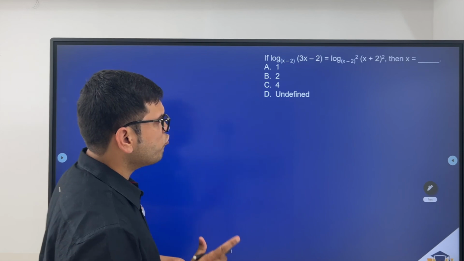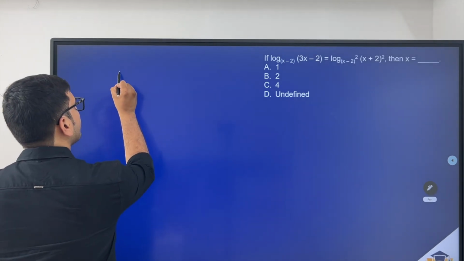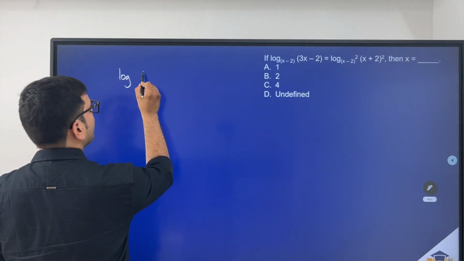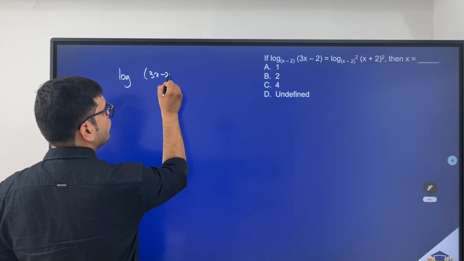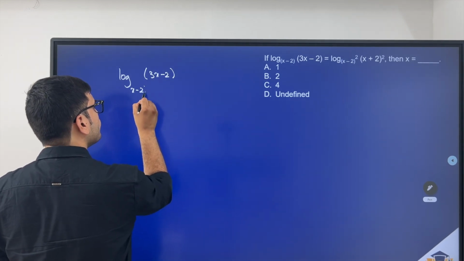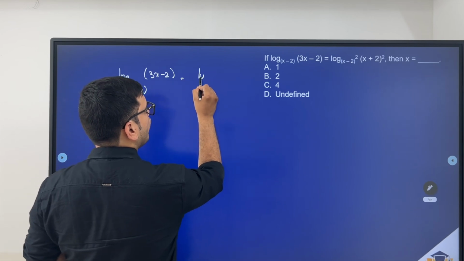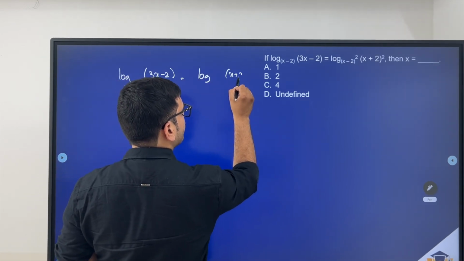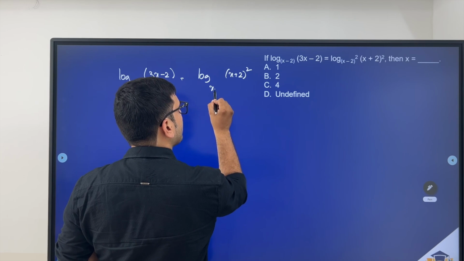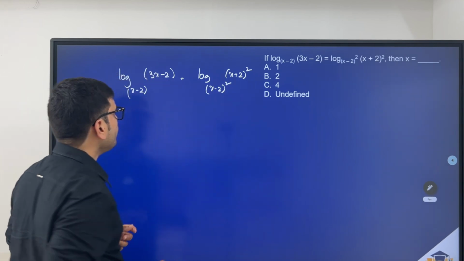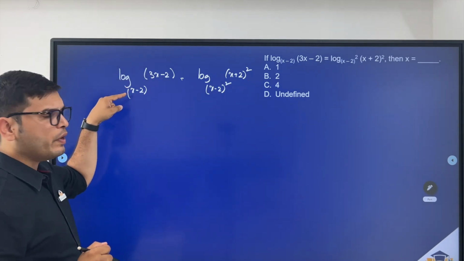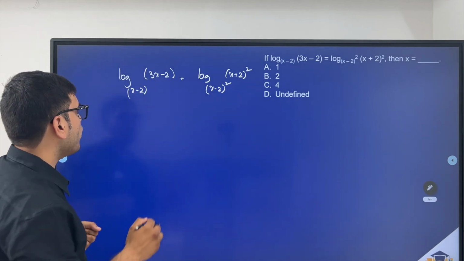Coming to the first question from logarithms, we have log 3x minus 2 to the base x minus 2 is equal to log x plus 2 whole square to the base x minus 2 whole square. Now, log a to the base b can be written as log a by log b.